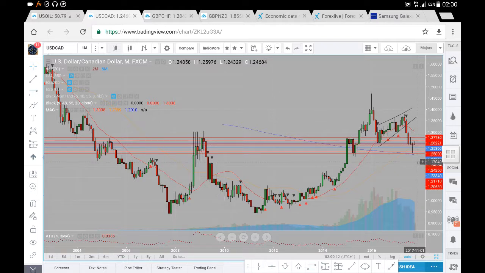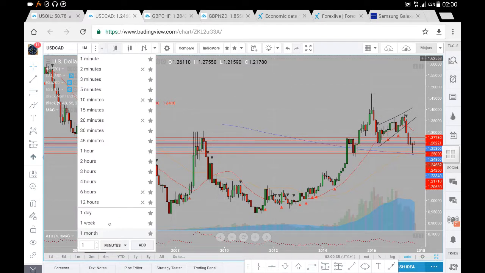We have tried to continue the follow through to the upside, but we have been sold back down. So there are quite a few dollar sellers in the market at present, especially on the higher time frames where we do appear a bit more bearish.